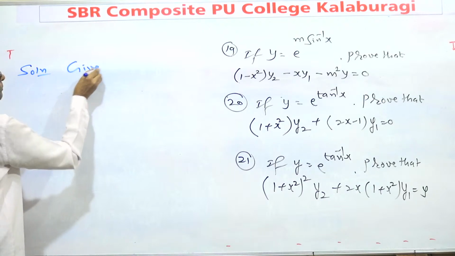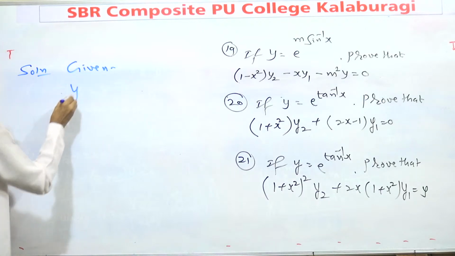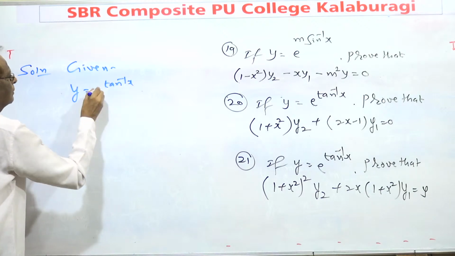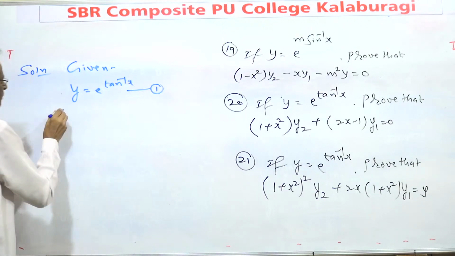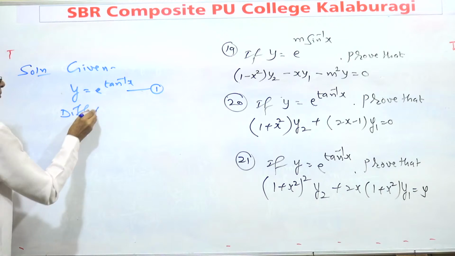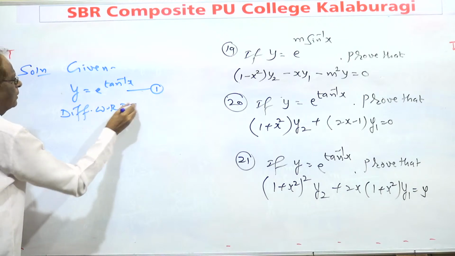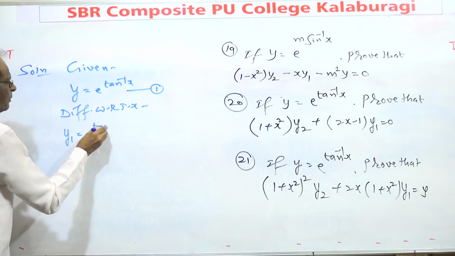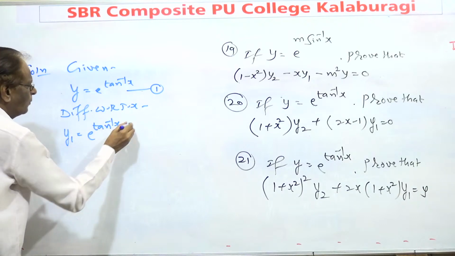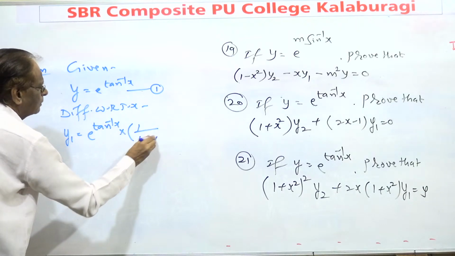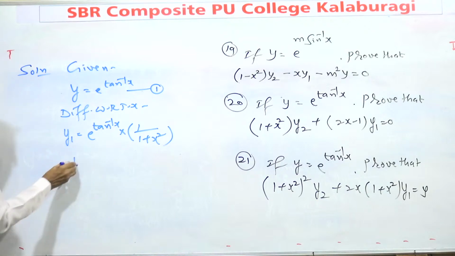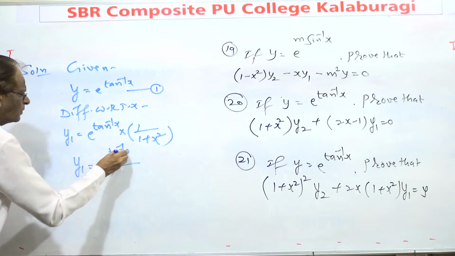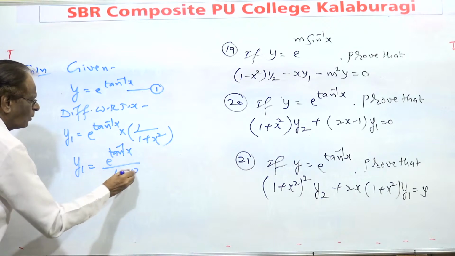Given y equal to e to the power tan inverse x. Differentiating with respect to x. y differentiation y1, differentiation of exponential, first as it is, composite, differentiate power. y1 equal to e to the power tan inverse x by 1 plus x squared.